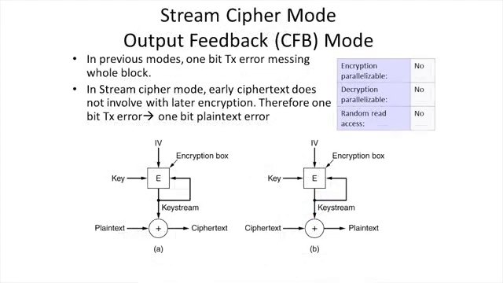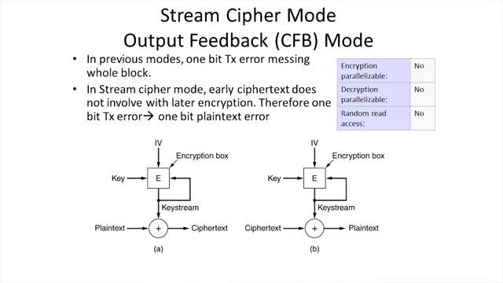In output feedback mode, or so-called stream cipher mode, the key stream, a sequence of bits, is generated only with the IV and the key. That stream is then exclusive-ORed with the plaintext. Therefore, earlier ciphertext or cipher bits do not get involved with the later encryption.